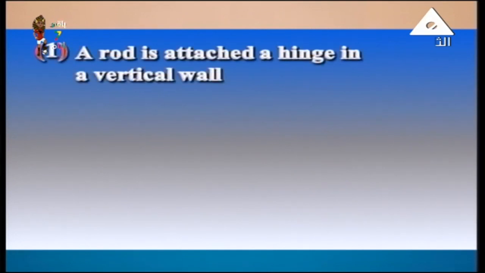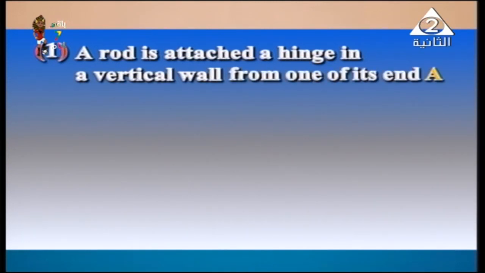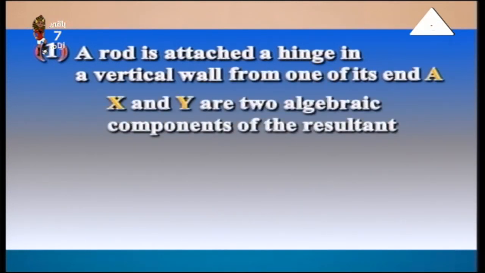A rod is attached, hanging vertically from a wall from one of its ends A. X and Y are two algebraic components of the resultant.